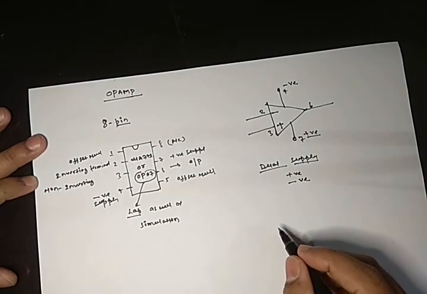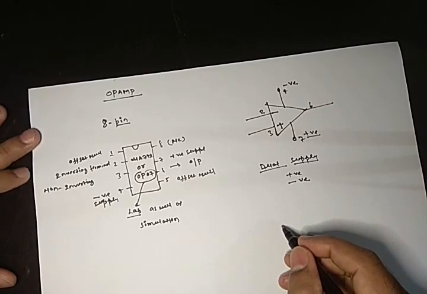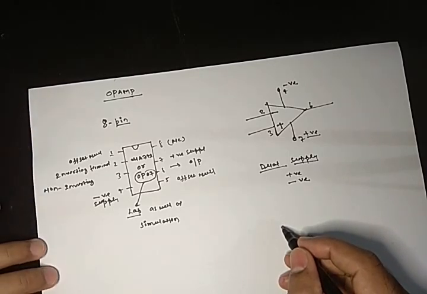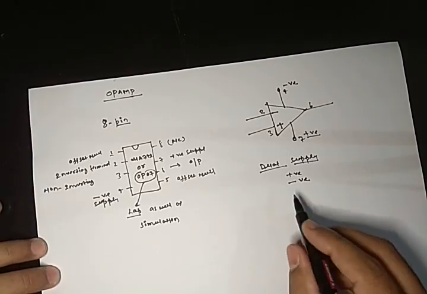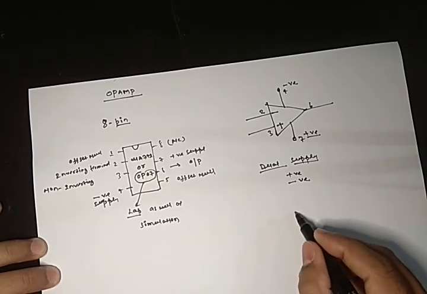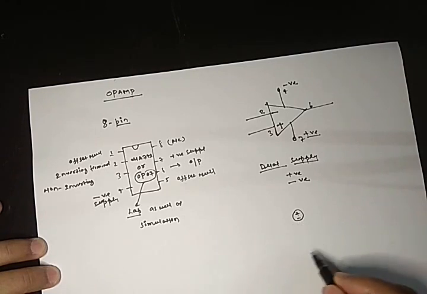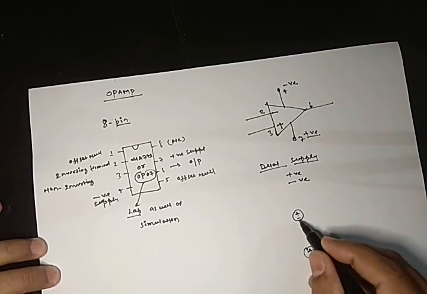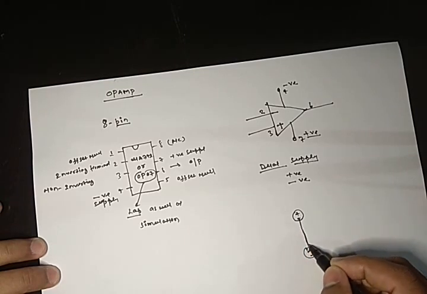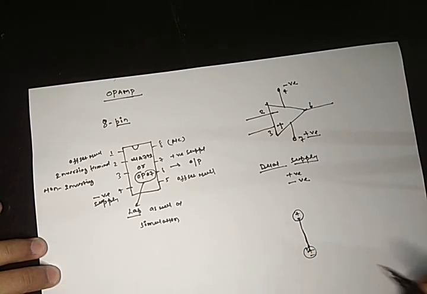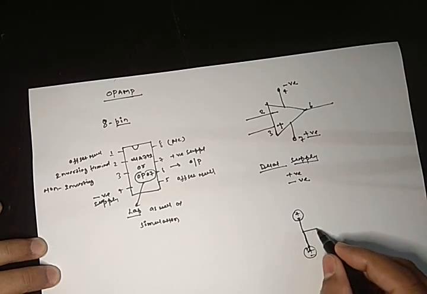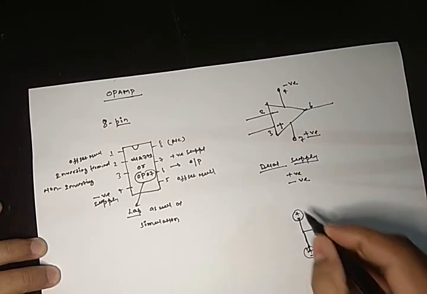Now if we don't have a dual supply in our lab, how do we create one? Just take two voltage sources. The negative terminal of one voltage source is connected with the positive terminal of the other voltage source, and it is grounded.